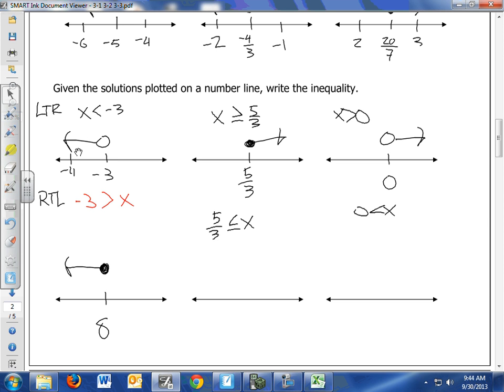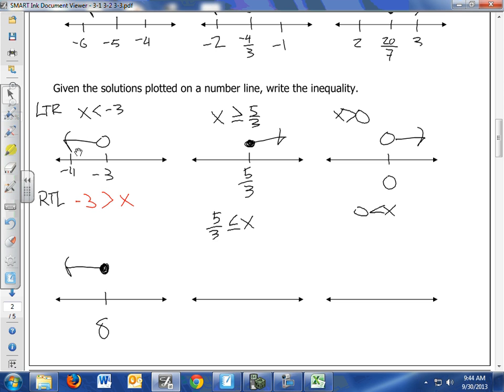Now, so, this arrow's to the left, right? Okay. And we have 8. These represent our solutions, right? So are my solutions less than 8 or bigger than 8? They're less than, because the arrow's over here. Okay? So you start with x. X represents your solutions.